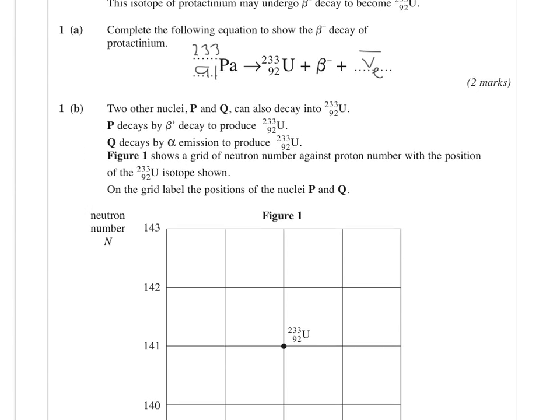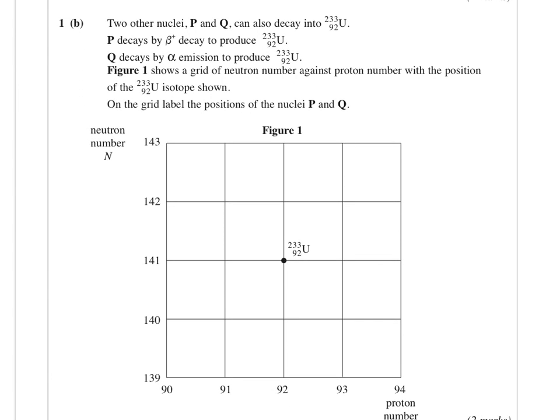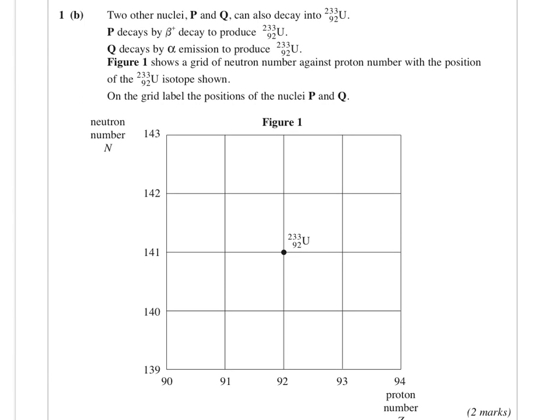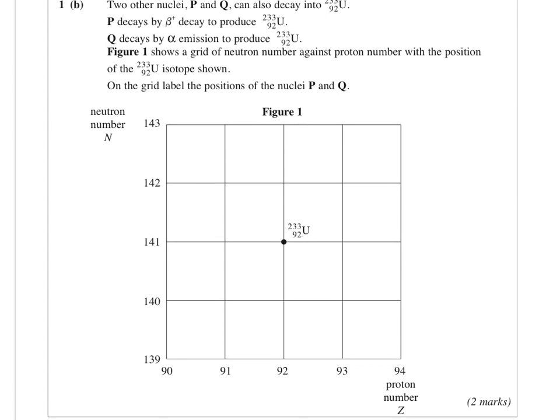Alright, so two other nuclei can also decay into uranium-233 (23392U). We've got a beta plus and alpha emission. During beta plus, a proton is turned into a neutron, so P is going to be 93 and 140, because a proton turns into a neutron, so the proton number goes down and the neutron number goes up.